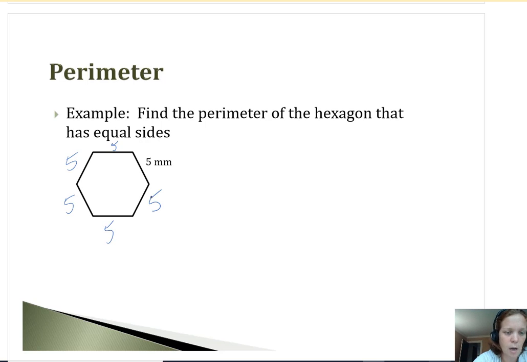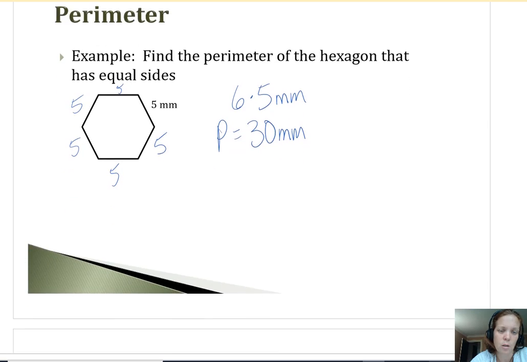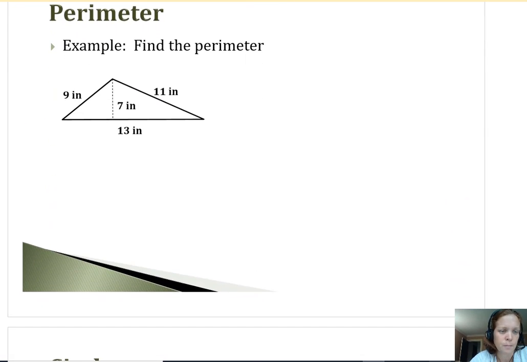I could add 5, 6 times, or in this case, I could just do 6 sides, 5 each. 6 times 5, this is going to be 30 millimeters. Will be my perimeter. So even when we don't get something that's perfectly on our formula sheet, it's just a matter of adding the sides. Notice though, I'm doing 6 times 5 millimeters, it doesn't change the unit, it's still just millimeters.